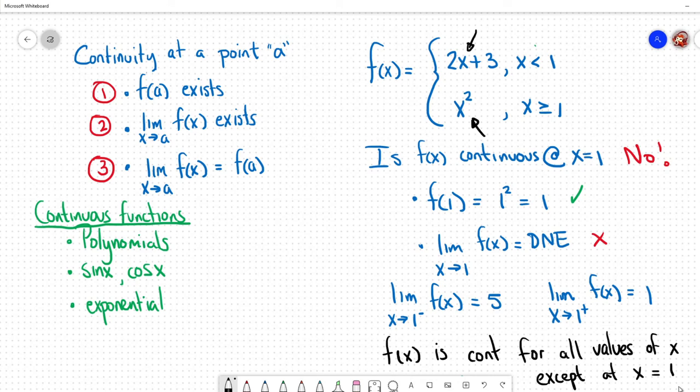Everywhere else, it's continuous, because either I'm on the line, which I know is continuous, there are no holes or breaks in the graph there, or it's on the parabola, which I also know has no holes or breaks in the graph either. So this is how I would describe the function. Okay, we're good with moving forward and describing it this way.